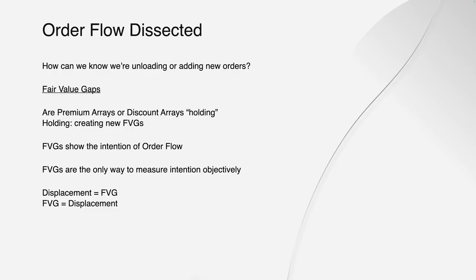So that also tells us what the actual order flow is of bigger institutions, of bigger banks, because they are leaving behind signs. Let's put it this way: if you are in control of the market and you would like to add on new orders, remove old orders, etc., at the places you want to add new orders, you would likely want to have price move very fast away from where you place that order, right?